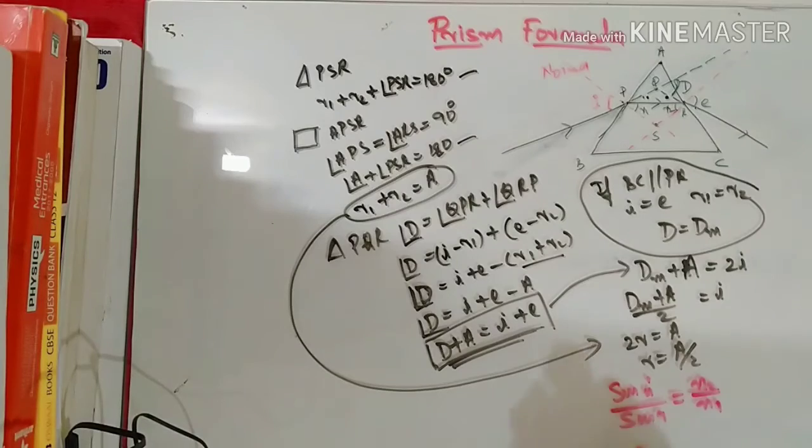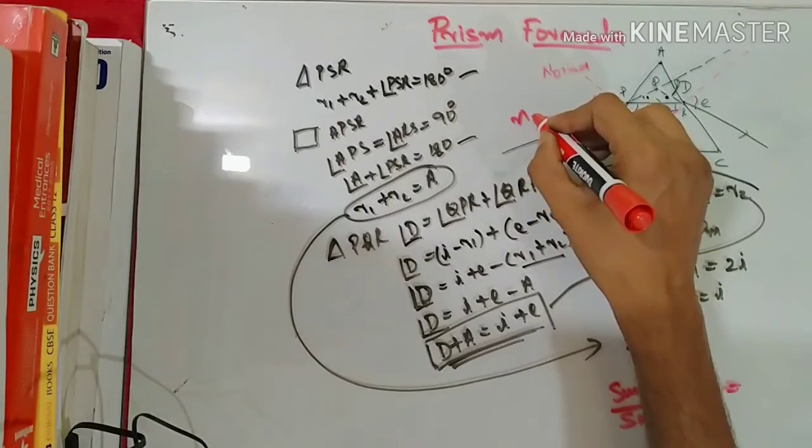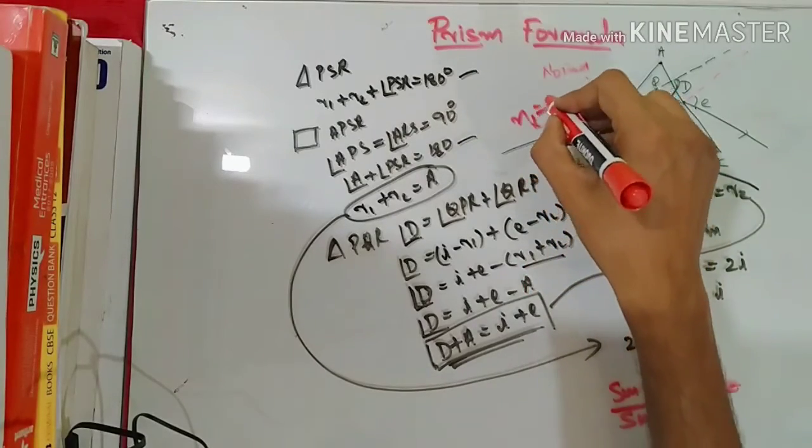If I am substituting in this case, we could write the outer medium refractive index as N1, and N1 is 1.